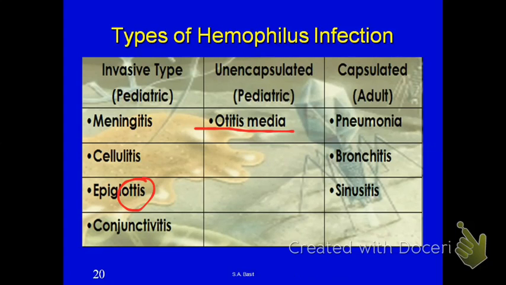And for adults, particularly the capsulated strain, this would result in pneumonia, bronchitis, sinusitis. Remember, as you grow older, the capsulated strain is converted to unencapsulated strain. So you do not want to possess, at your age right now, the capsulated strain of Hemophilus influenzae.